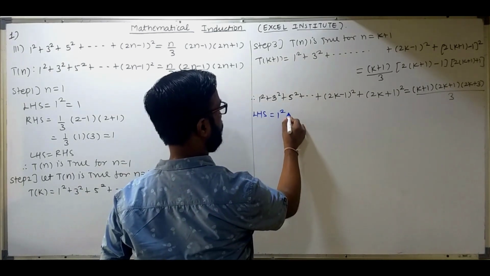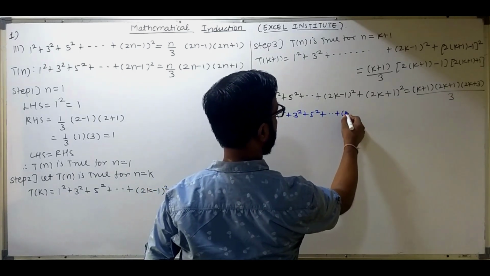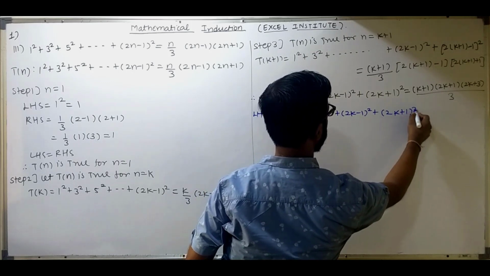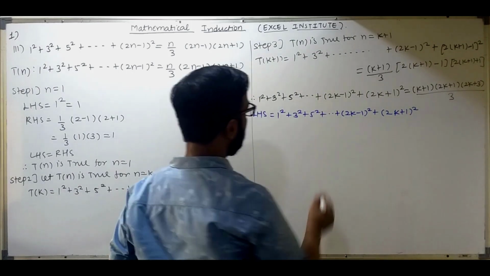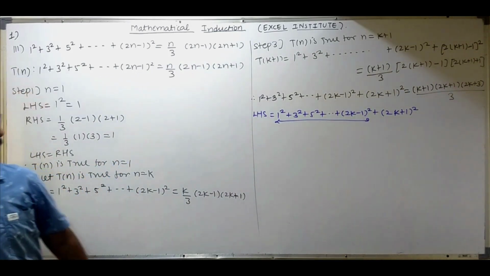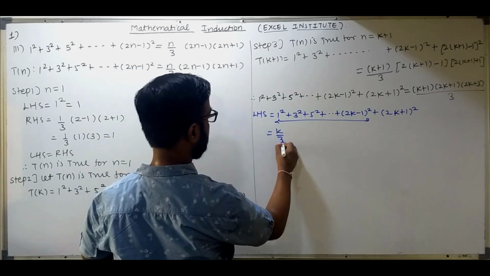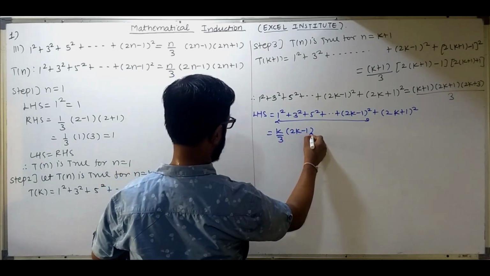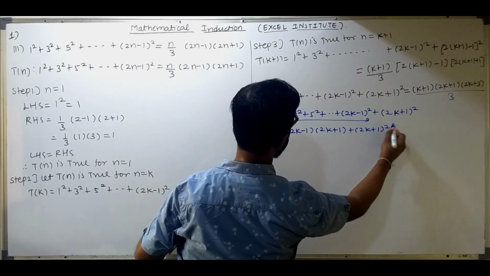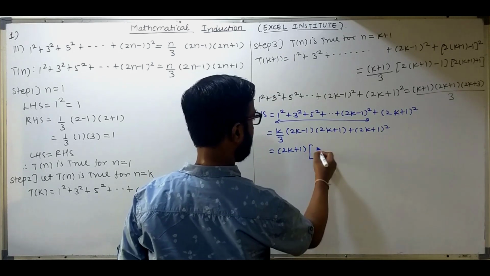LHS is 1 square plus 3 square plus 5 square up to 2k minus 1 whole square plus 2k plus 1 whole square. But what is the sum up to the kth term? From step 2 it is k by 3 times 2k minus 1 times 2k plus 1, and then plus 2k plus 1 the whole square. I'll take 2k plus 1 common, and I'm taking the LCM also.